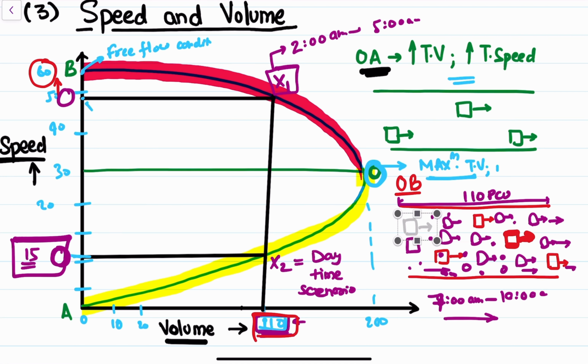Okay, so I hope this concept is clear to you: in what scenarios can we get two different speeds while having the same traffic volume, and what does this graph represent? I hope this is very much clear to you all.